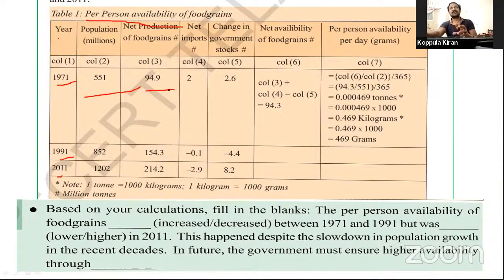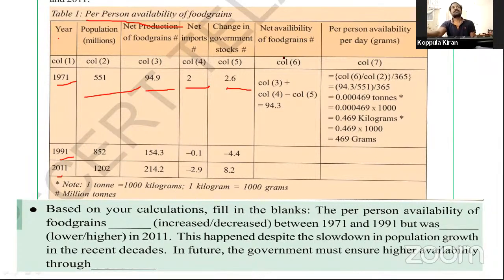Then net imports and change in government stocks. Government every year distributes some food grains to the poor people. That is the change calculated and mentioned here.